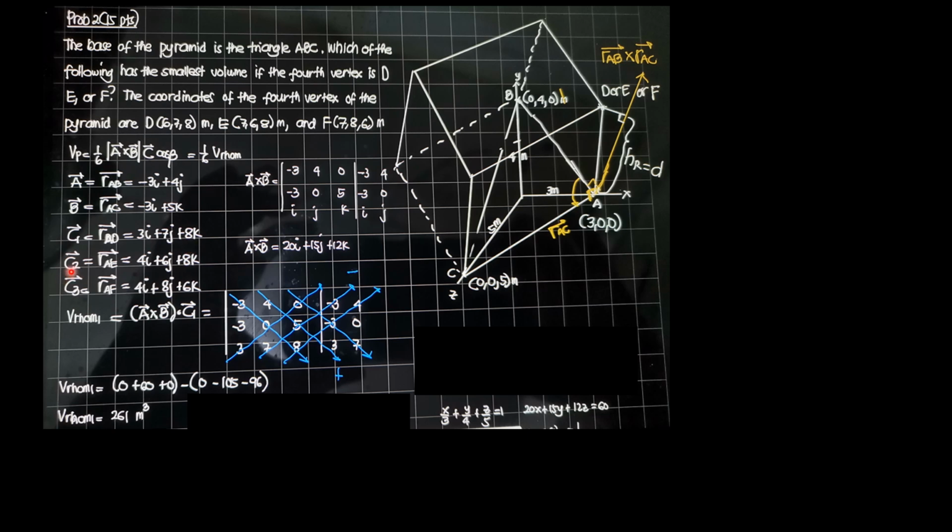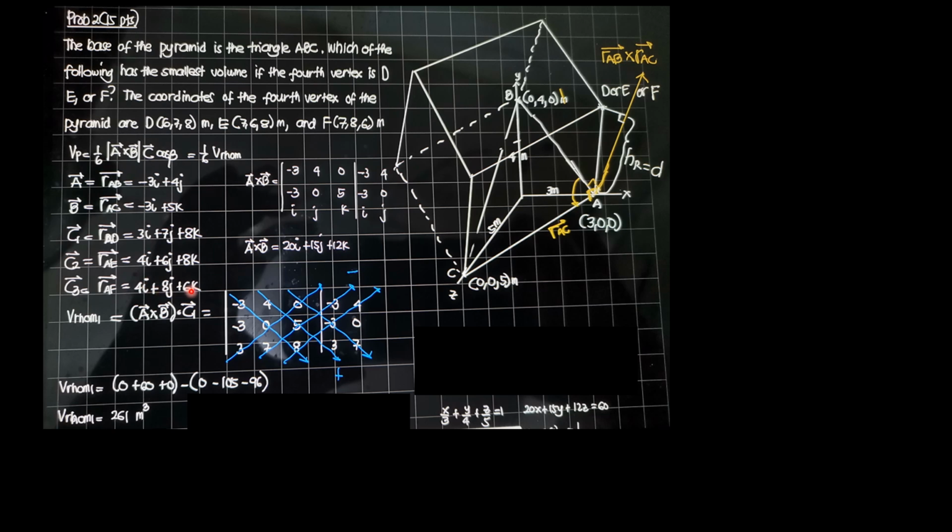Then vector C sub 2, which is RAE, is E 7 minus 3 is 4, so 4i, 6 minus 0 is 6, and 8 minus 0 is 8. So vector C sub 2, position vector RAE, is 4i plus 6j plus 8k. Then finally, vector C3, which is AF, is 7 minus 3 is 4i, then 8 minus 0, 8j, then 6 minus 0, 6k.